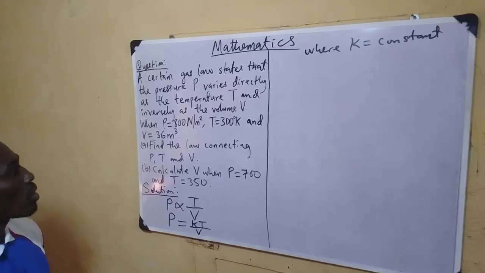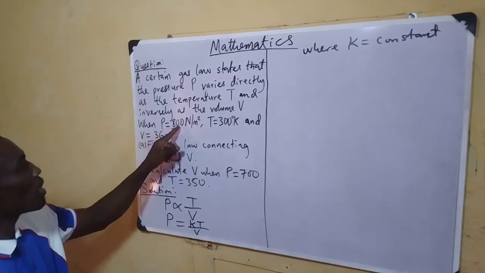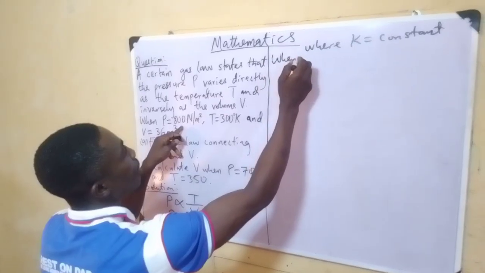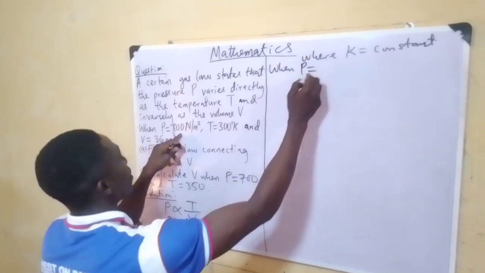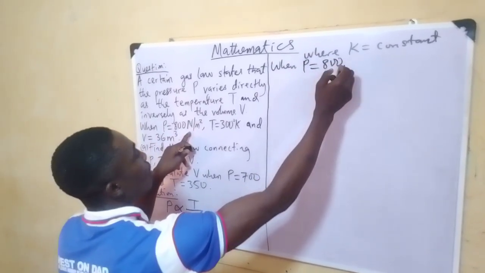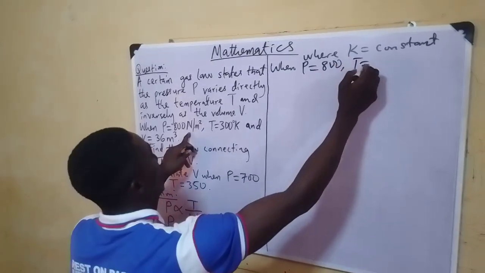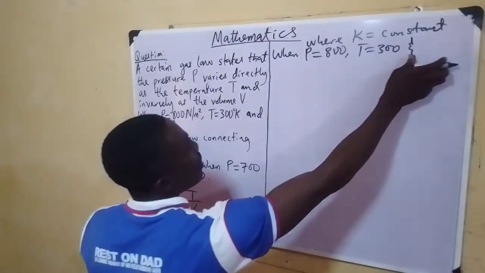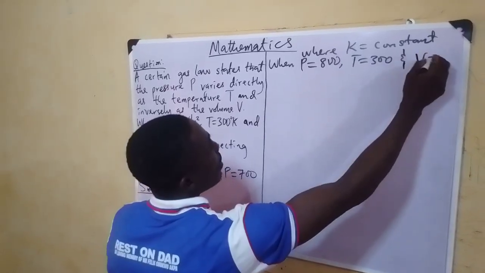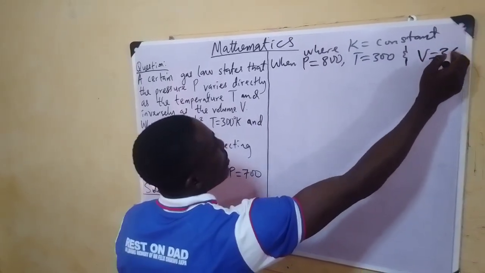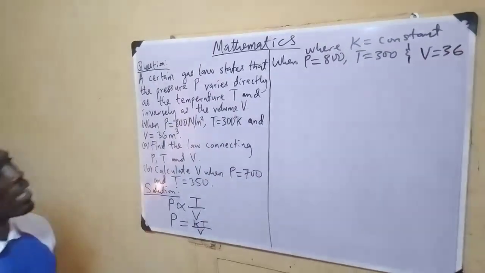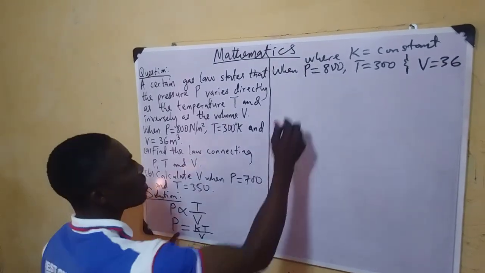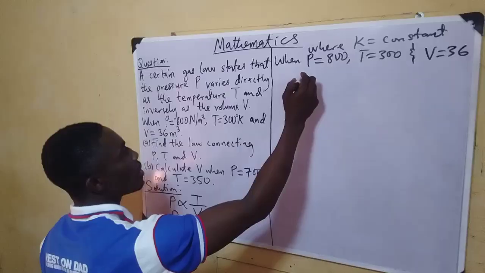Then according to the question, when P was 800, T was 300, and V was 36.